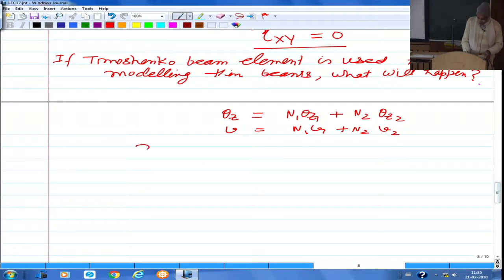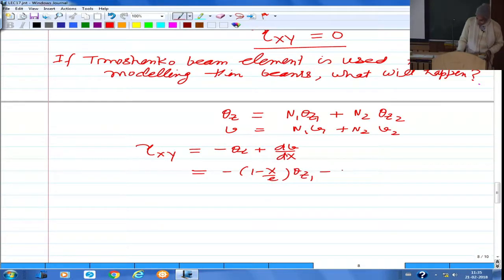So if you look at the expression for gamma xy, which is your transverse shear strain, this is minus theta z plus dv by dx, and this theta z is nothing but this expression, which is minus n1, that is 1 minus x by l, into theta z1, n2 is x by l, so minus x by l into theta z2, plus dv by dx is going to be dn1 by dx into v1, which is minus 1 by l, so minus 1 by l into v1 and plus 1 by l into v2.